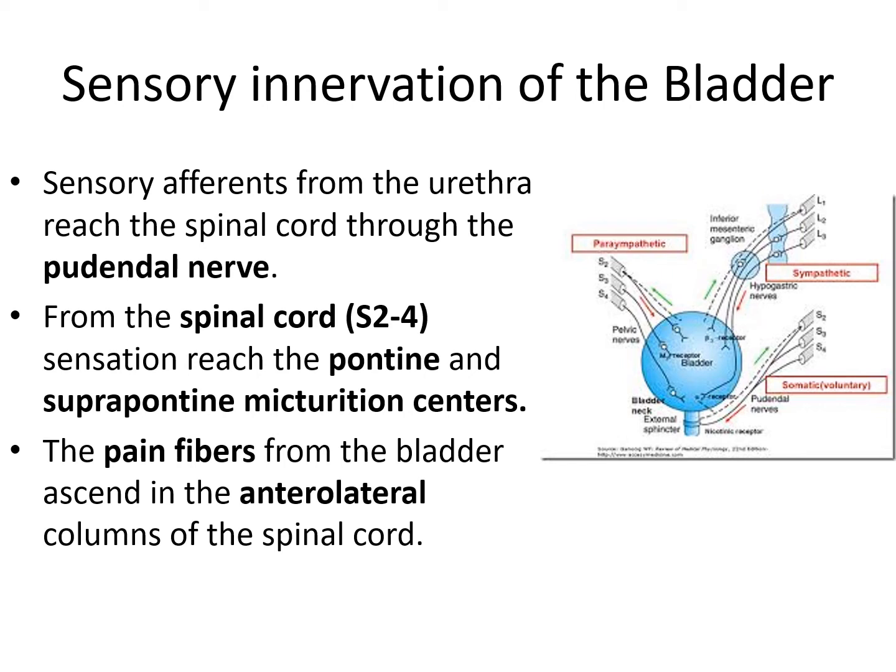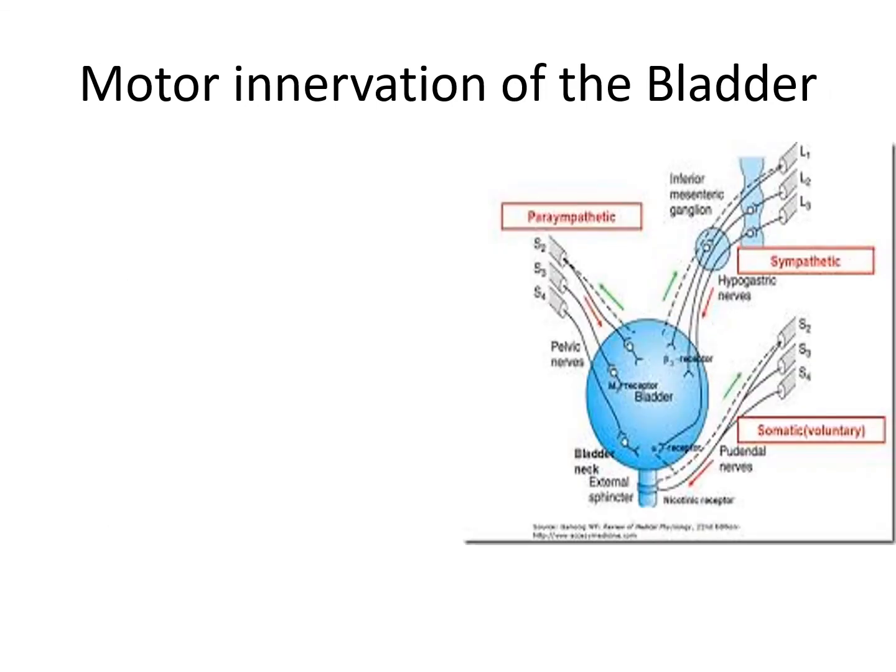So the conclusion is that pain fibers go by the anterolateral column and the bladder filling sensation goes by the dorsal column of the spinal cord.